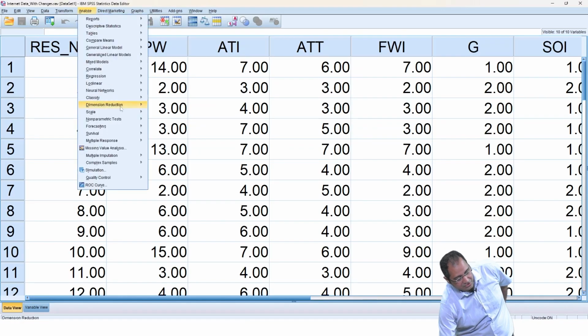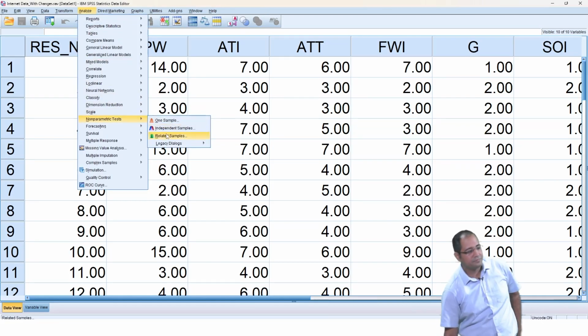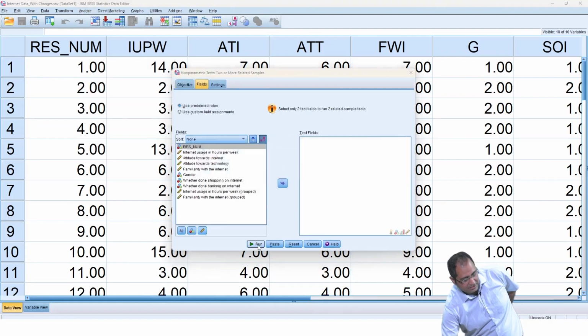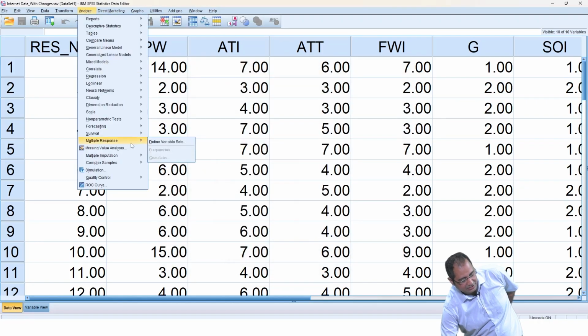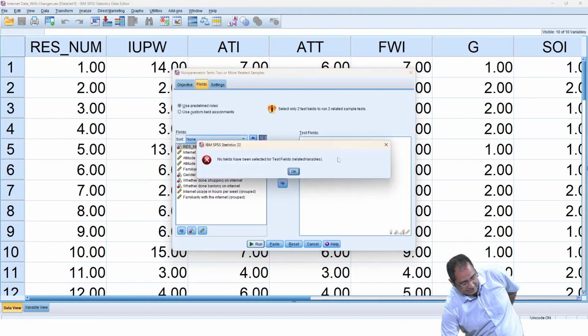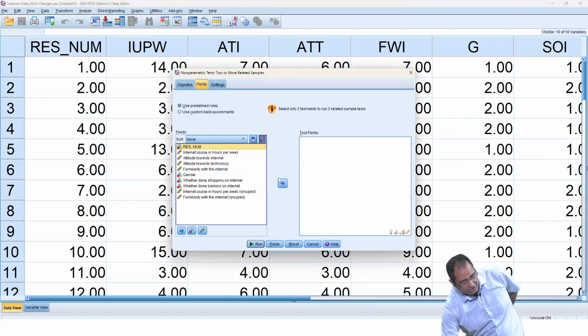You go to Analyze, Non-parametric, Related Samples, click run, and the variables are attitude towards internet, attitude towards technology.